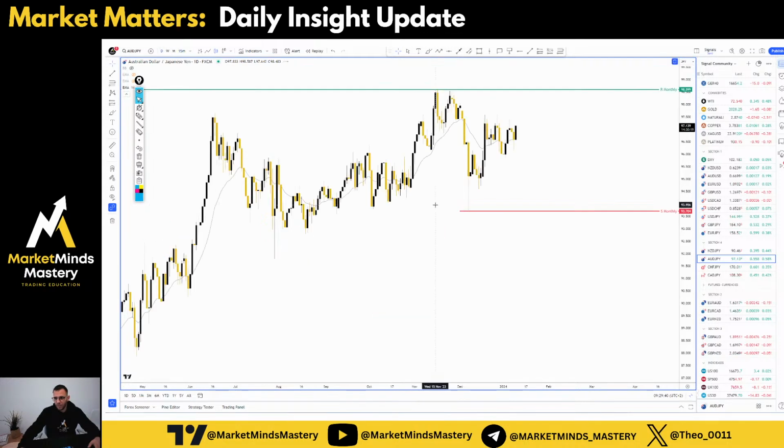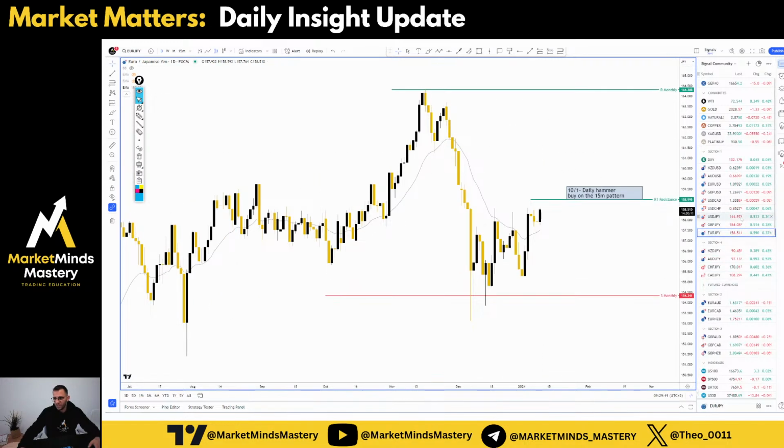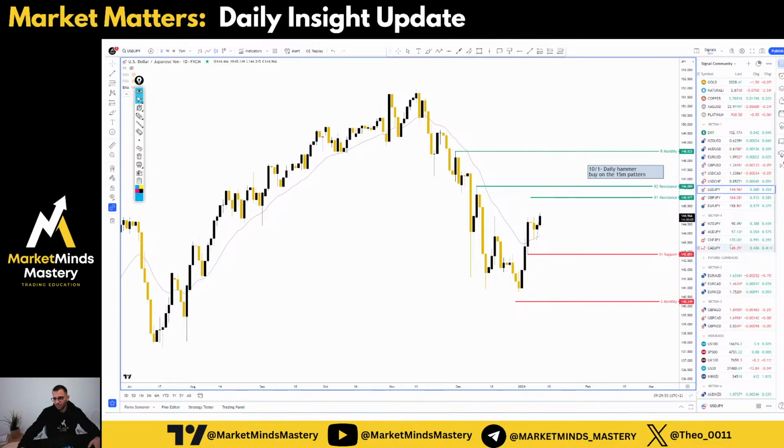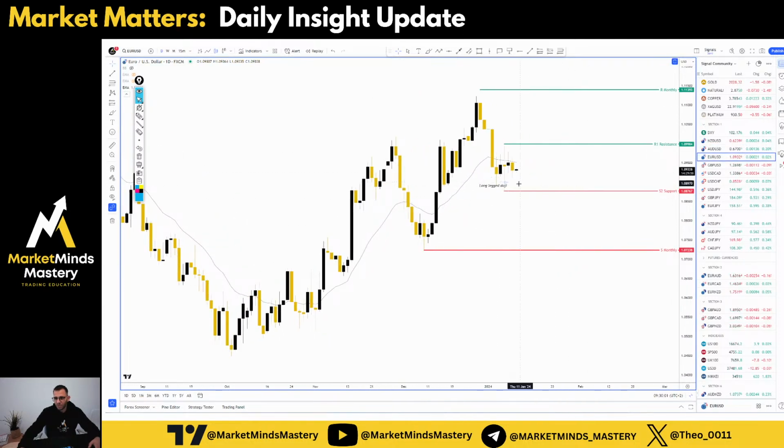Australian dollar came a bit aggressive this morning, although it approaches a lot of resistance areas here. I believe the euro has more clarity as well, especially against the US dollar. These are more clear pairs. Regarding the euro US dollar, what's going on here?